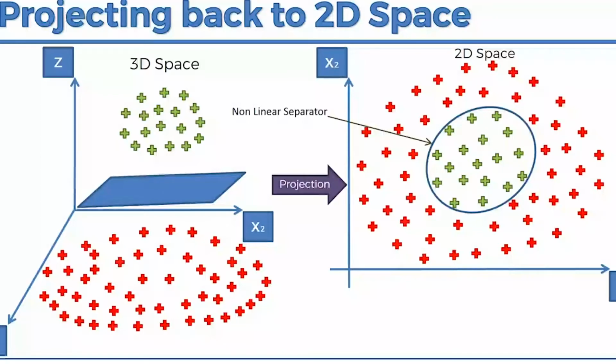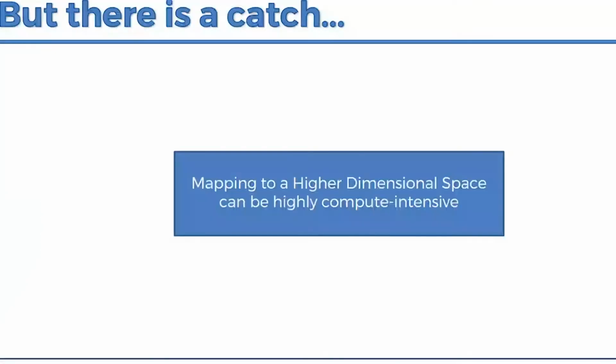But there's a problem with this algorithm. And the problem is that mapping to a higher dimensional space can be highly compute intensive. So it might require a lot of computation, a lot of processing power, and the larger your data set, the more of a problem this can cause.